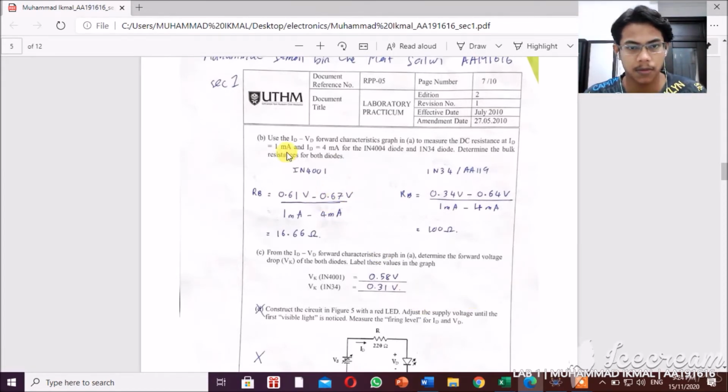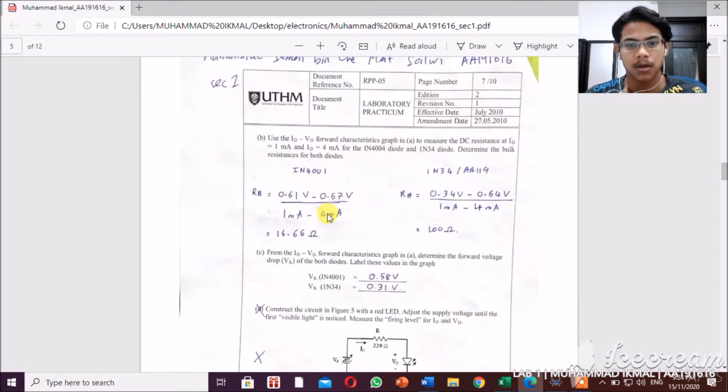So let's continue for the next question. B. Use ID minus VD for the characteristic graph in A to measure the DC resistance at ID equal to 1 milliampere and ID equal to 4 milliampere for silicon diode and germanium diode. Determine the bulk resistance.